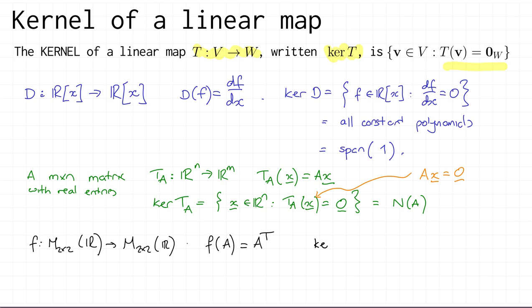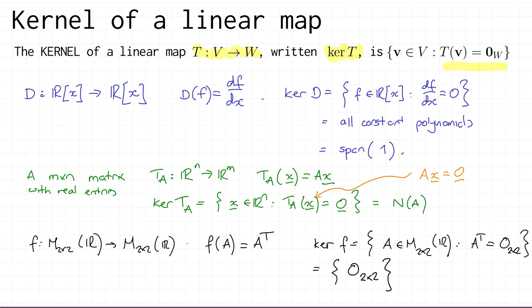Then Ker of F would be all the matrices A such that A transpose is the 0 matrix, so the 2x2 0 matrix. But if you transpose a matrix, you can never turn that matrix into the 0 matrix unless you had the 0 matrix to start off with. So in this example, the kernel of F would just consist of the single element, the 2x2 0 matrix.